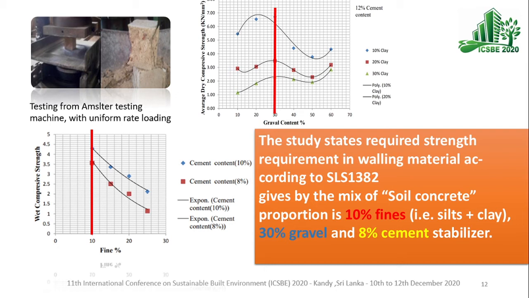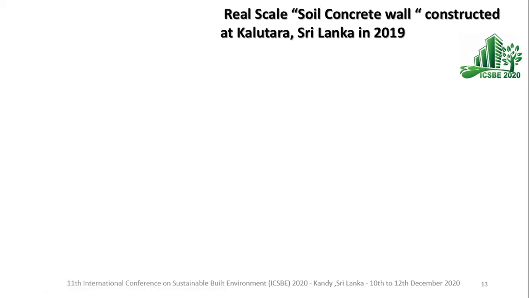So the soil concrete proportion of 10% silt or clay, 30% gravel, and 8% cement stabilizer gives the best mix proportion and the best strength for the soil concrete wall.